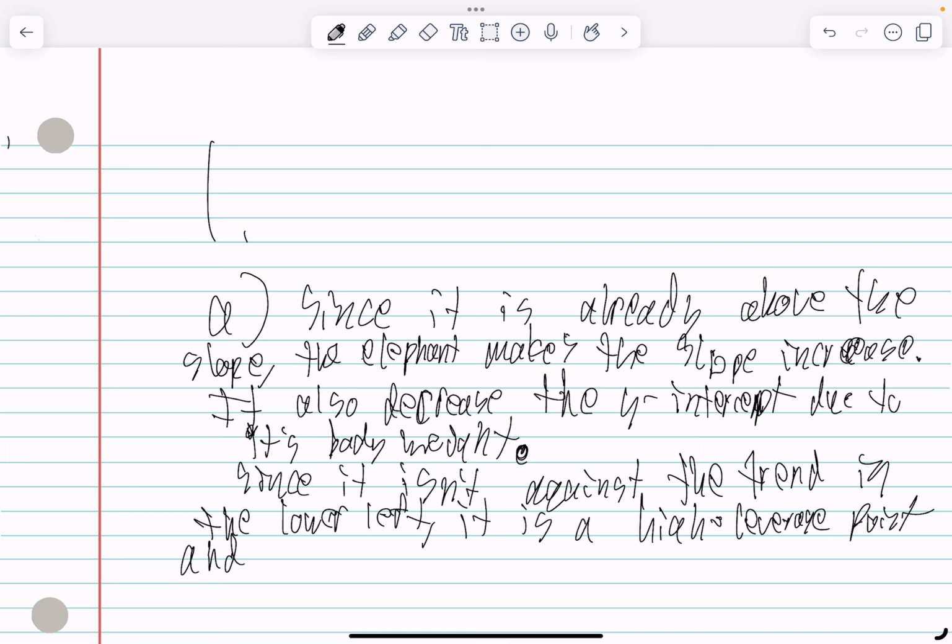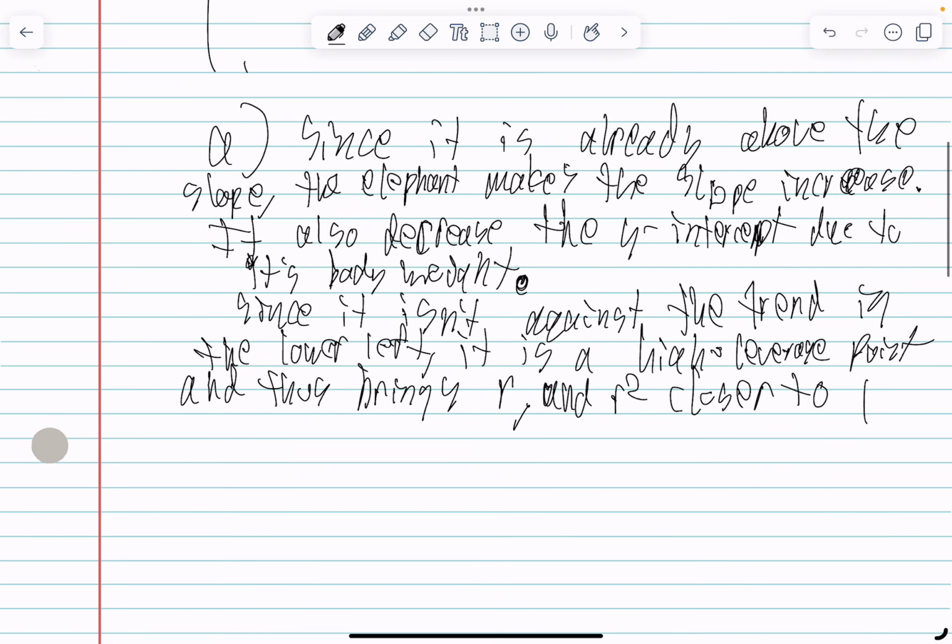And thus brings R and R squared closer to 1. Not much explanation here, it's just straight interpretation.